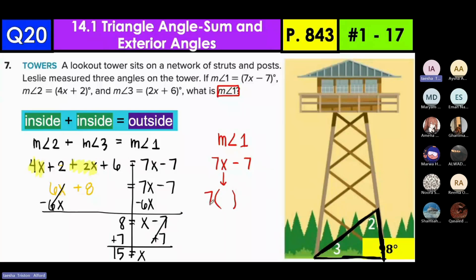Outside the parentheses, 7. On the other side, subtract 7. Inside should be 15. So 105 subtract 7 gives you 98 degrees. Be careful on this. They want the measure. Don't forget about the measure.